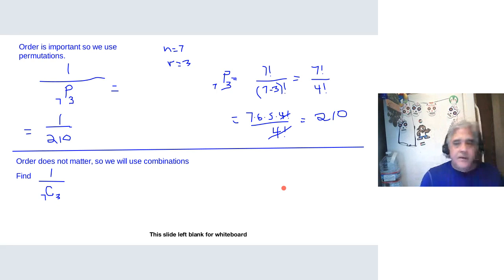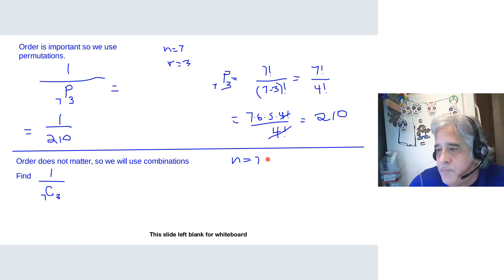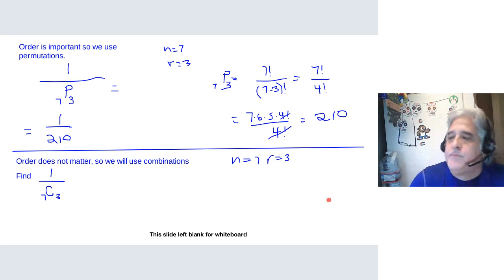Now, let's go ahead and set it up. So the N and the R are the same things. So we're going to use that formula. Let's just do it over here separately, and then I'll come back once I get the number and put it underneath.